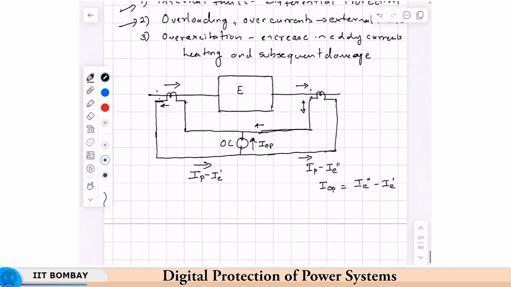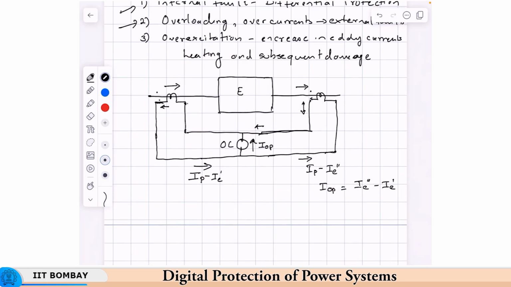Now of course the issue is that the CT ratios are not exact, so these IPs may not be matched evenly. Also there could be a slight difference in the excitation currents. Also for through faults the difference itself may be very large.